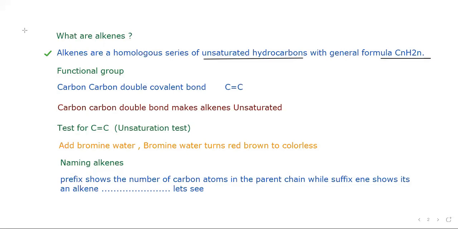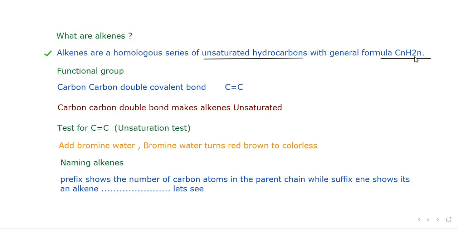You know that n shows the number of carbon, right? So as many carbons as we will be having, double will be the hydrogen, right? Because the general formula is indicating if n is the number of carbon, 2n will be the number of hydrogen, right?